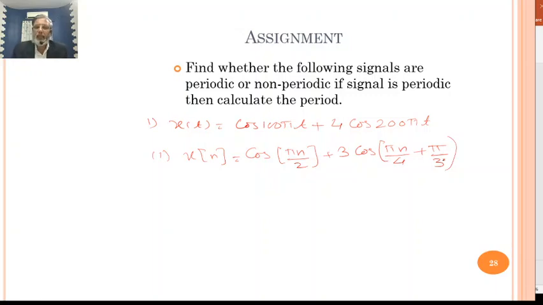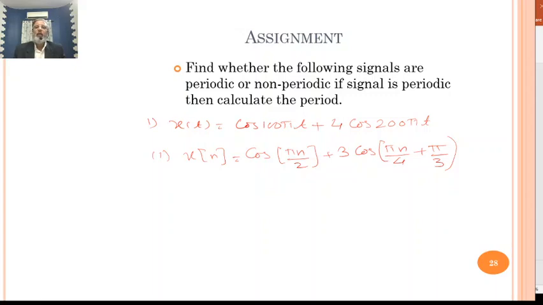Now in this lecture we studied the definition of signals. Signals are defined as a function of one or more independent variables, typically carrying some type of information. Then the definition of a system: systems are used to process the signal.